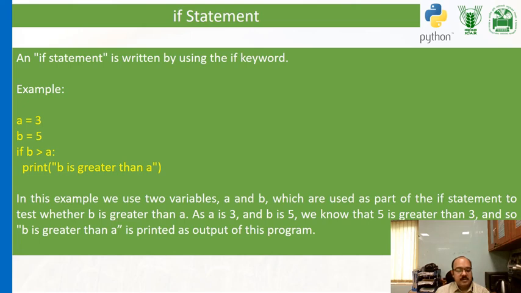As a is 3 and the value of b is 5, this condition mentioned in the if statement, that is b is greater than a, is satisfied, and therefore as an output of this program we get b is greater than a. This is printed on the screen.